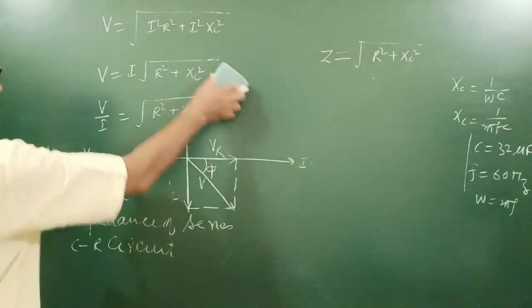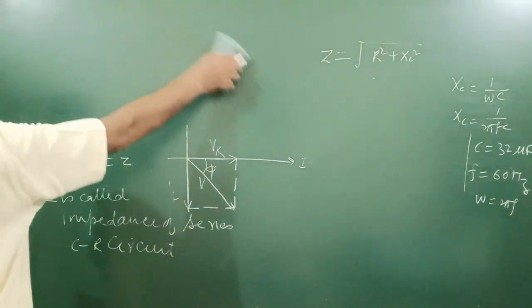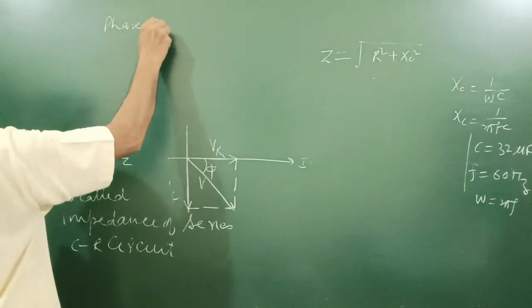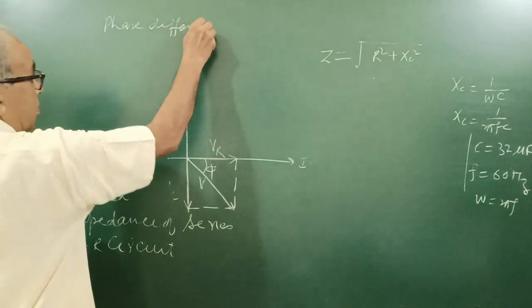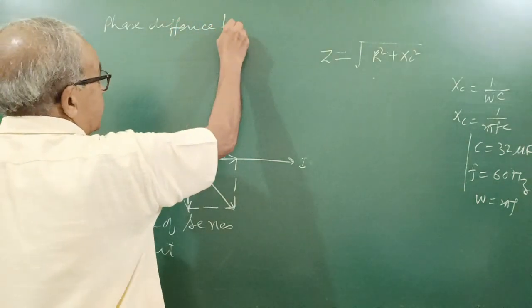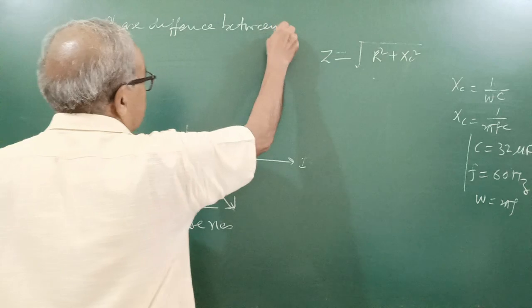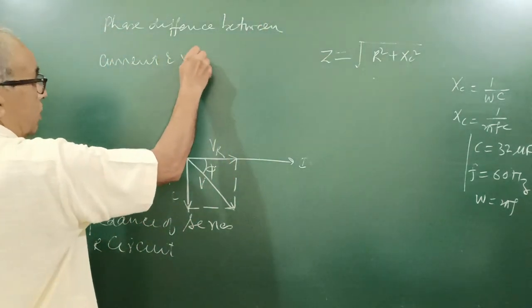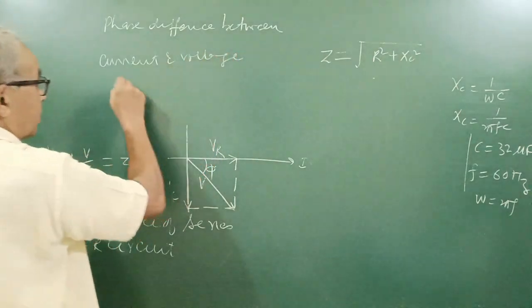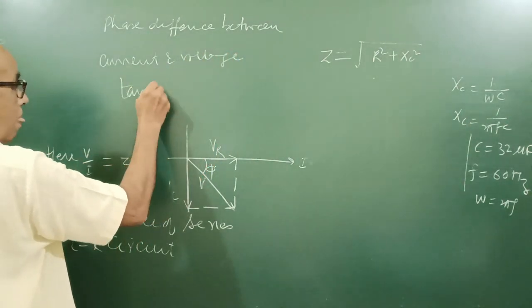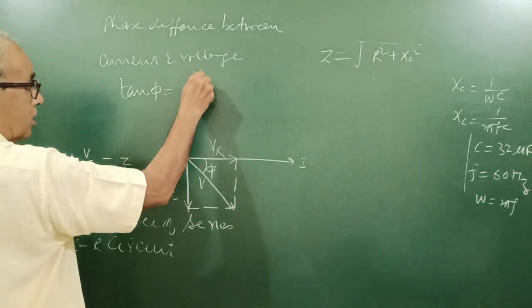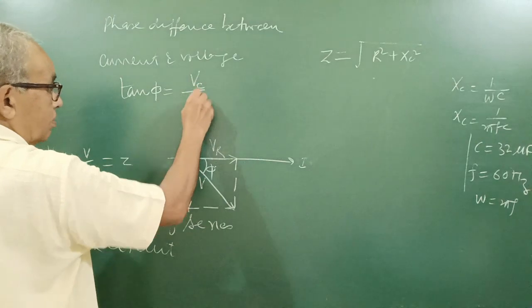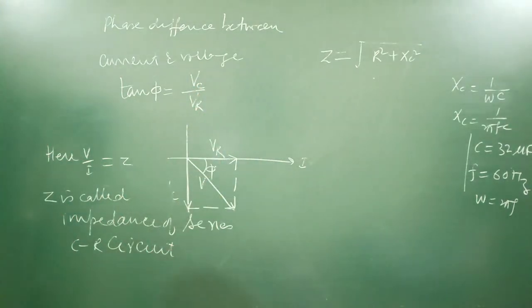Now, phase difference between current and voltage. Tan phi equal to VC upon VR.